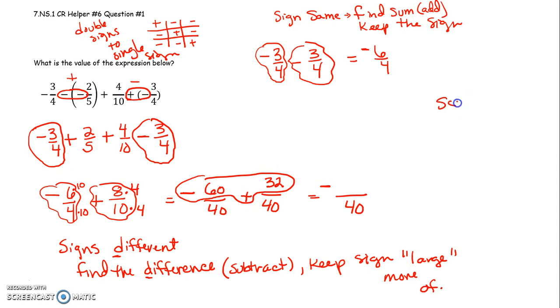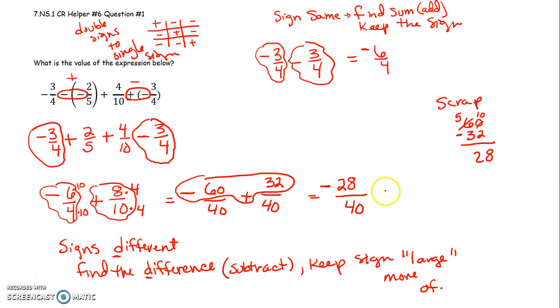And off to the side in my scrap work, I'm going to find the difference. The signs are different, I'll find the difference. So 60 minus 32. 6 becomes a 5, that's 10. 10 minus 2 is 8. 5 minus 3 is 2. So this is a negative 28/40.